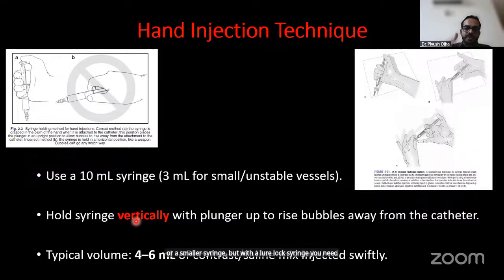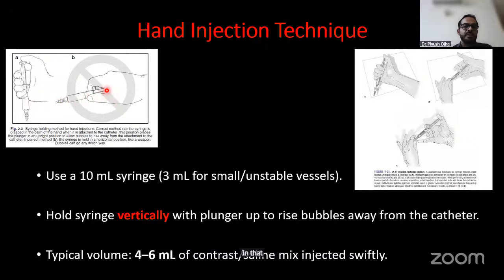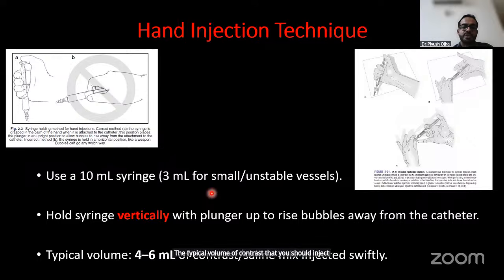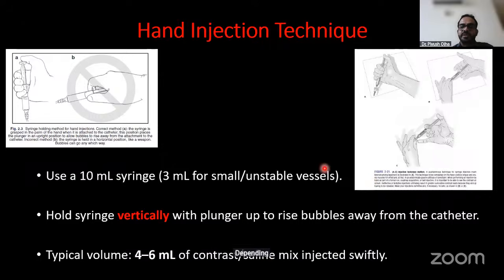You need to hold the syringe vertically, as in this picture, so that all the air bubbles lie at the top and you're not injecting any air bubbles. You should never keep the syringe horizontally, because in that case the air bubbles might mix with your contrast and you might inject them inside the artery. The typical volume of contrast that you should inject is around 4 to 6 ml of contrast-saline mix, depending on the clarity of the pictures that you're getting.